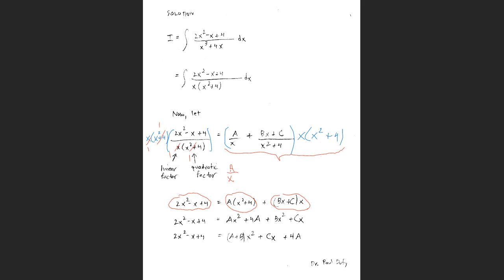On the right side of that rational equation, you have a over x, plus bx plus c over x squared plus 4, and that all gets multiplied by x times x squared plus 4.